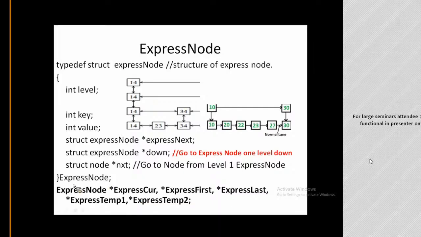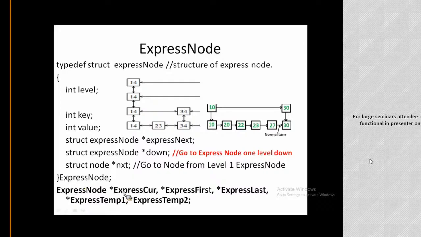They will be useful, therefore we have put them in the global area. We have created a struct def. Now, if you notice over here, this is express node and this is also express node, but here the E is small and here the E is capital.